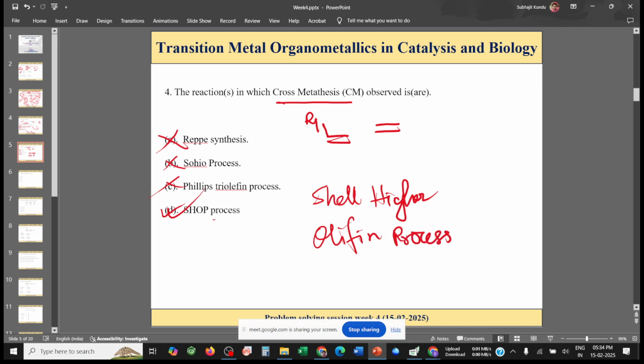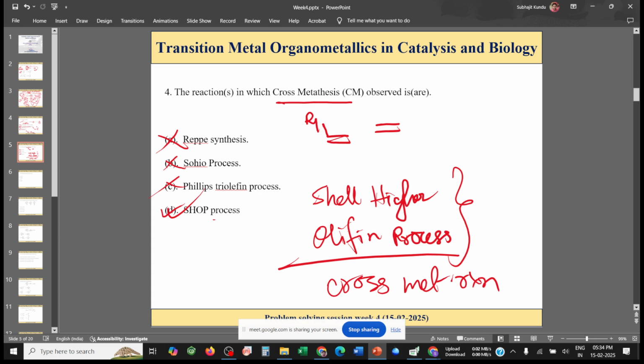In this process we have the cross metathesis reaction. The SHOP process is the right answer for this question.